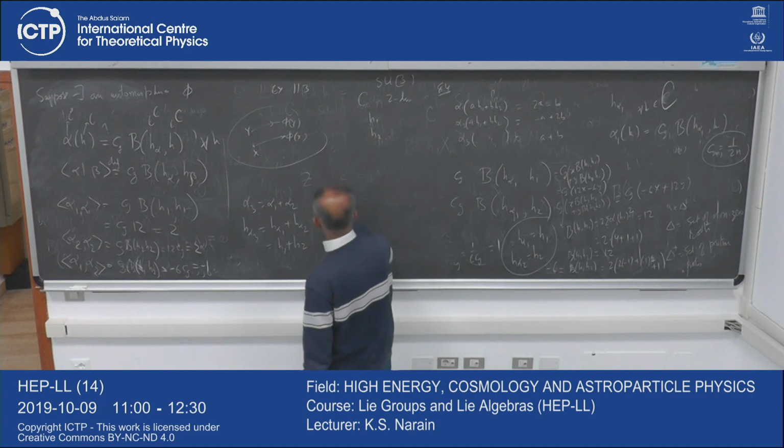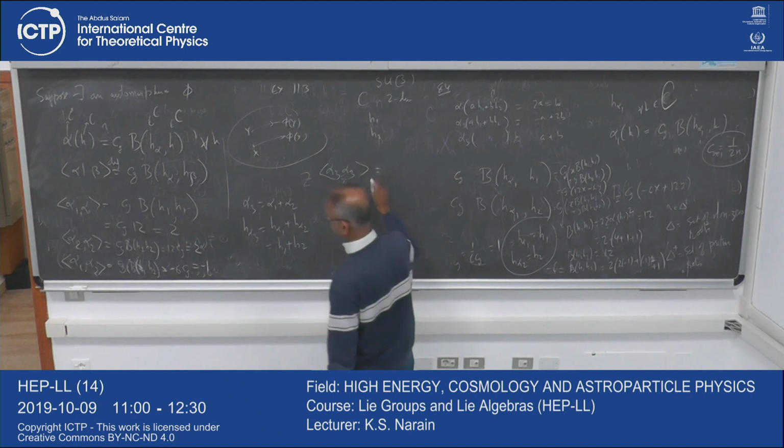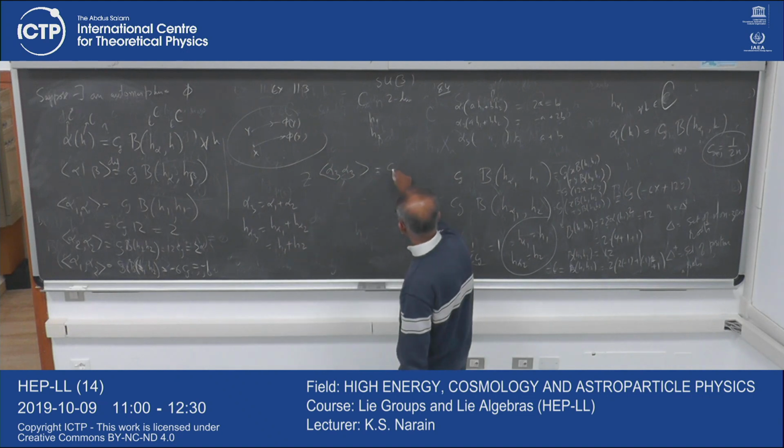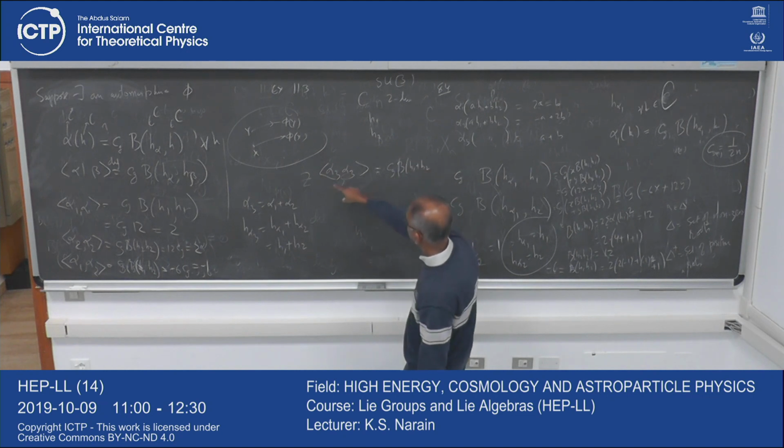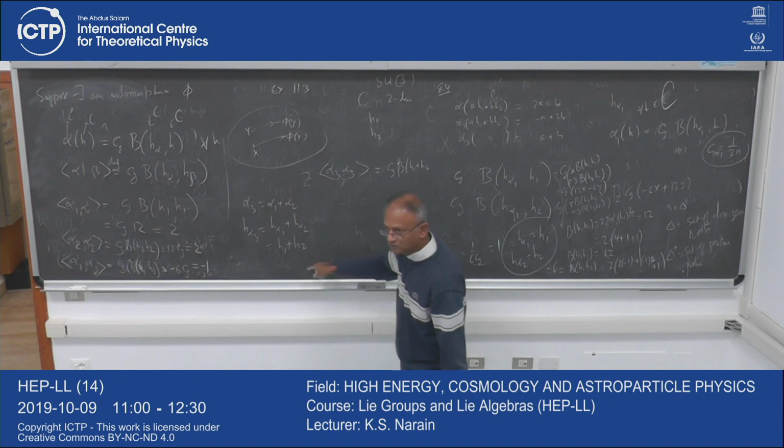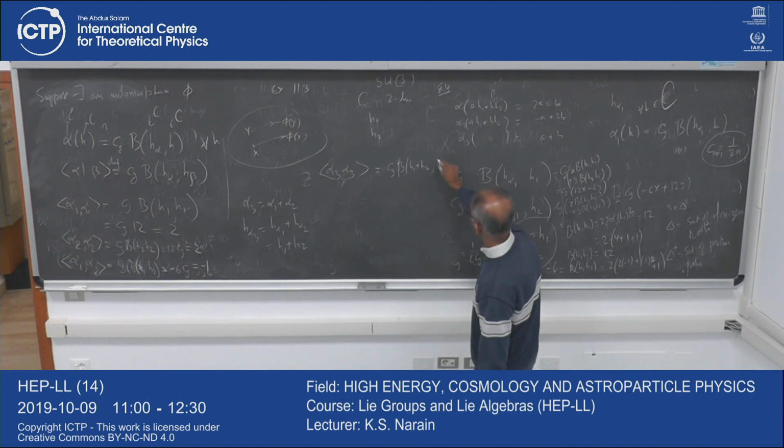So again, alpha 3 with alpha 3 will be CG of B of H1 plus H2, H1 plus H2, because we saw H3 is H1 plus H2. Now what is this?